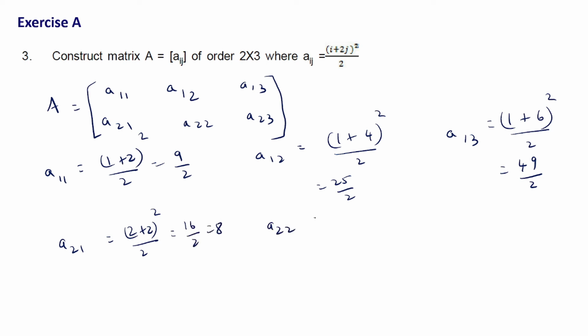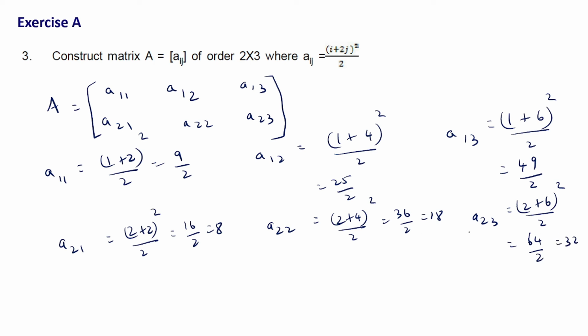Then A22, here we have to substitute i as 2 and j as 2. So it is 2 plus 4 the whole square by 2. It is 36 by 2, which is 18. Then A23 is equal to 2 plus 6 the whole square by 2. It is 8 square by 2, that is 64 by 2.